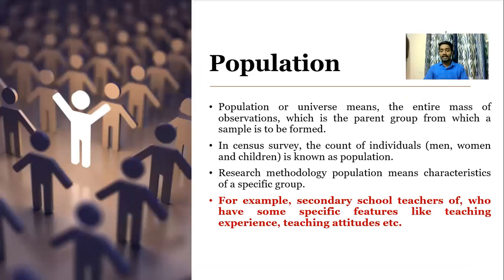Before getting into sampling, we should understand two things. Which are those two things? The first one is what is a population, and how a population is different from a target population.